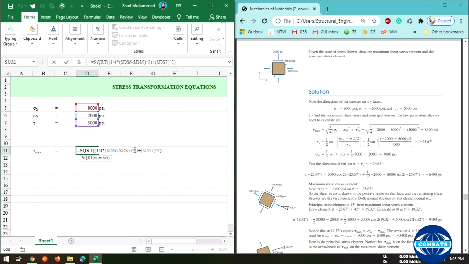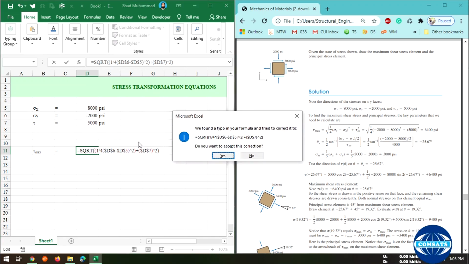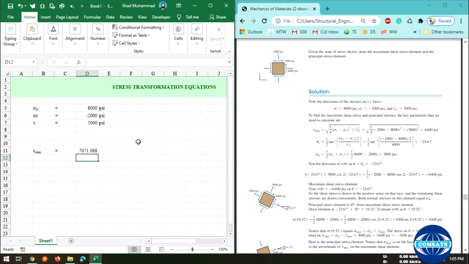Let me check this square root. What's the error?